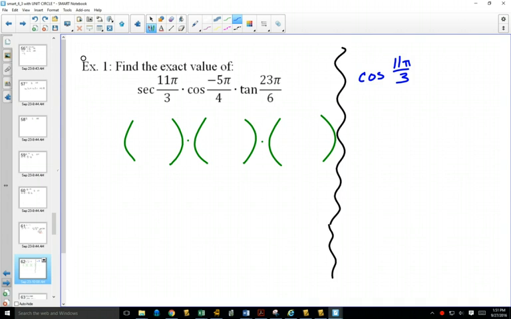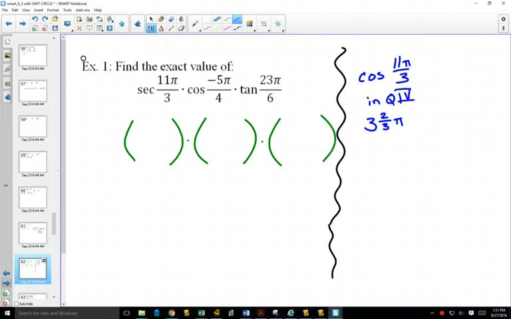What quadrant is that in? And how do we figure out what quadrant that's in? Well, this is what we were doing earlier in the day. 11 over 3 is the same as 3 and 2/3 pi. And so it's going to be in the 4th quadrant.